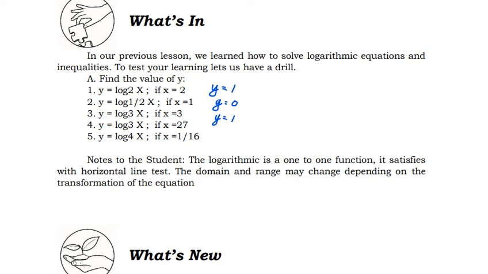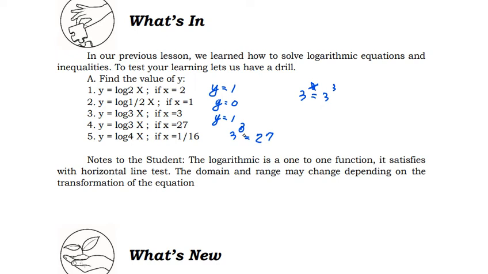So log of x base 3, if x equals 27, of course, 3 to the power of blank is equal to 27. So therefore, by the law of exponent, 3 to the x is equal to 3 cubed.